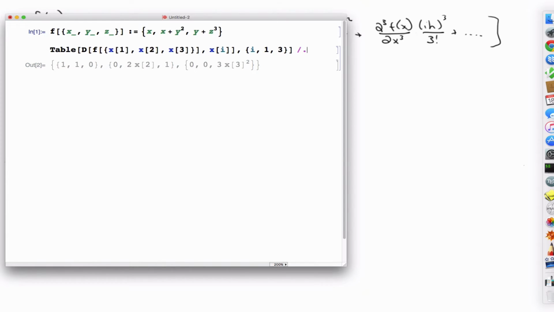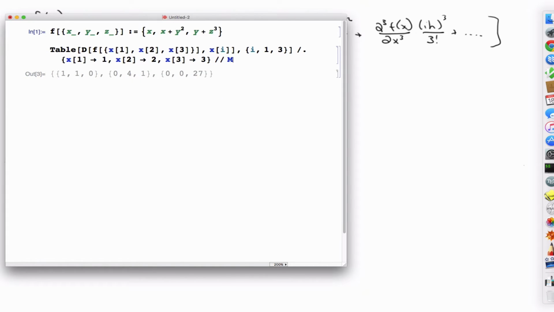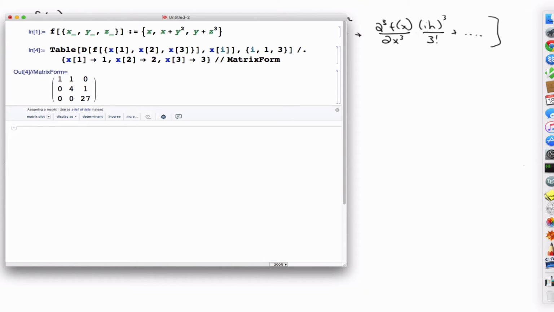So for the sake of comparison, what we'll do next is just set x1 equal to 1, x2 equal to 2, x3 equal to 3. All right, so there's our tangent stiffness, or the transpose of it, but it doesn't really matter, because the way that came out, it was row by row.